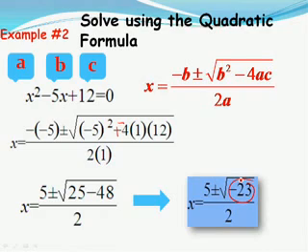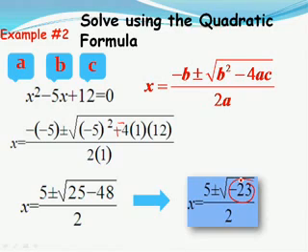Why won't your calculator give you the answer? Because there are no real numbers for it. If you take the square root of negative 23, you won't be able to get any answer in the set of real numbers.